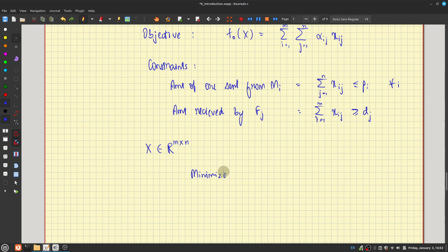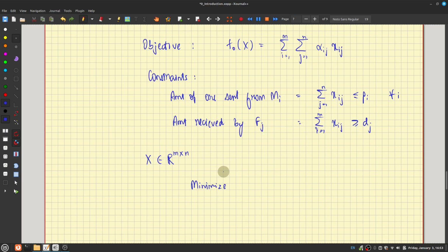Okay, there's one other constraint that we've kind of missed here. It's a subtle point. I can't transport a negative amount of ore from a particular mine to another factory, right? So each xij should be greater than or equal to 0. That's a constraint.